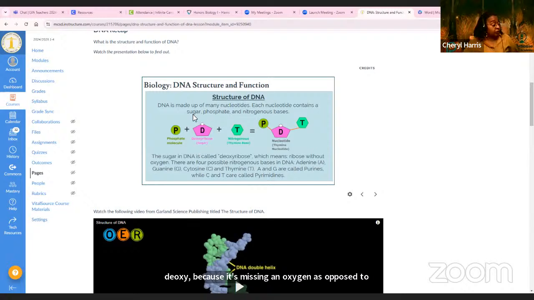So we're going to eventually have a list comparing RNA and DNA in a few minutes, and one of the differences is deoxyribose sugar. They're both made of sugar, a phosphate, and a base, but the DNA has the deoxyribose, which is missing an oxygen.